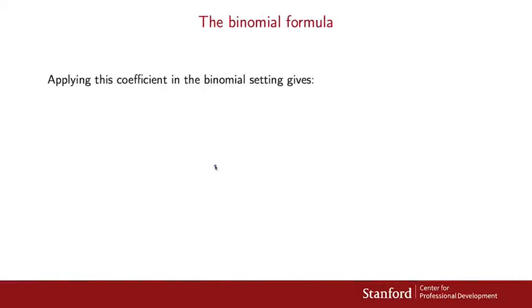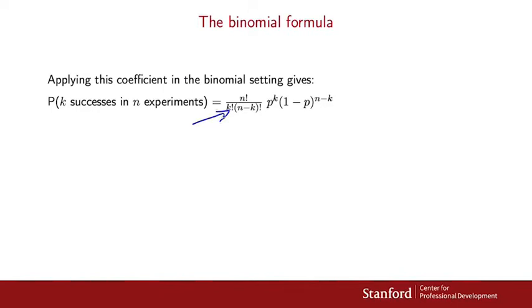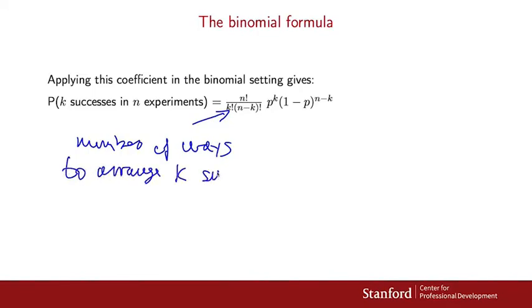Now we can use the binomial coefficient to compute the probability of k successes in n experiments. So here's the answer. This binomial coefficient, we already saw, counts the number of ways to arrange k successes in n experiments.